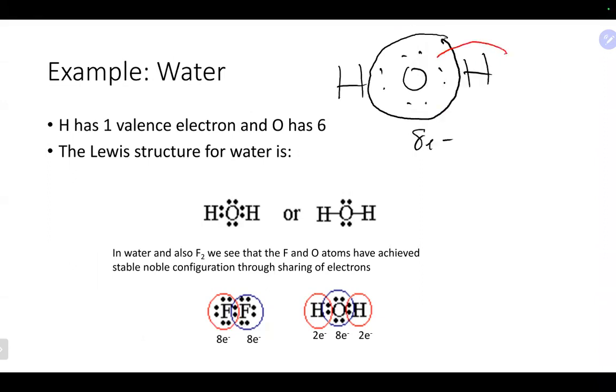Each of the hydrogens, by sharing with the oxygen, gets 2 electrons, which, as we just talked about, is exactly what hydrogen needs. So with everybody sharing electrons, all 3 elements, the hydrogen, the oxygen, and the other hydrogen, have now achieved that noble gas configuration, and it's very happy in that way. Just like the fluorine there, each of them is getting 8 electrons through sharing and reaching that noble gas configuration. Any questions on that?